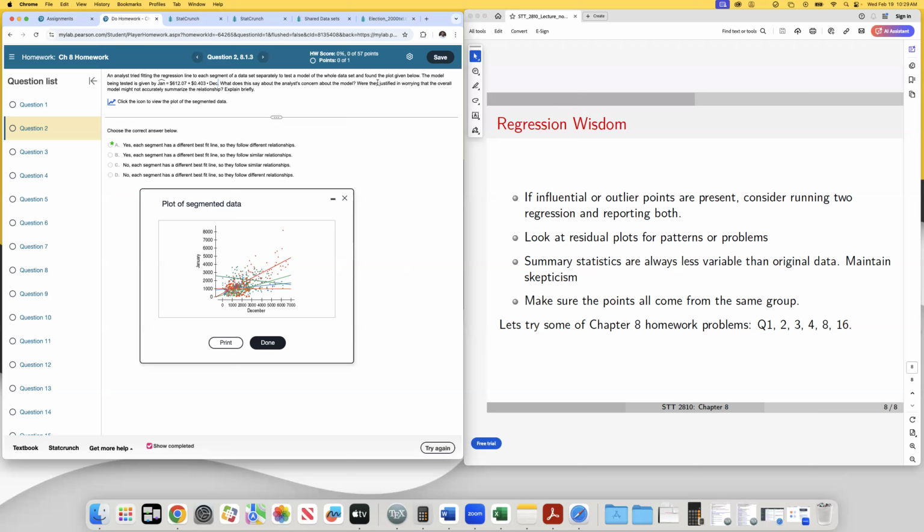The last one says this could summarize the overall relationship, which is not true because we have different lines of best fit and also different relationships. Any question on 2? You might not get the same thing as I have, so it's very important that you understand how to analyze them. Any questions?